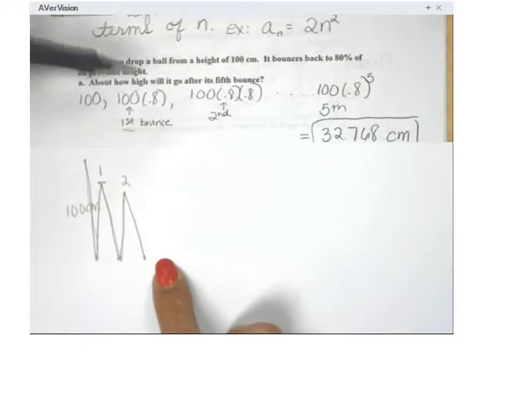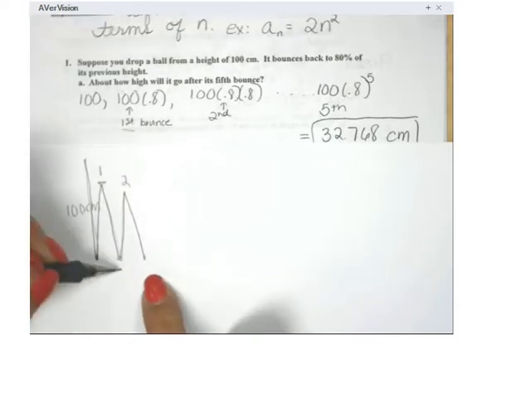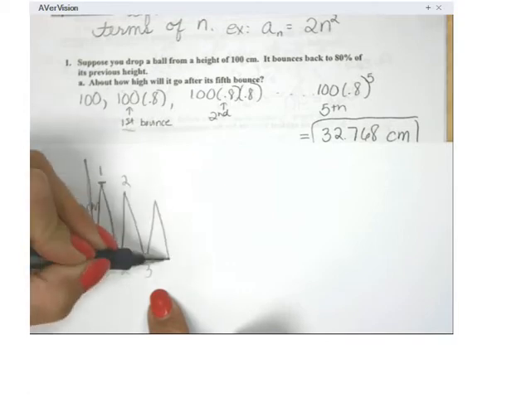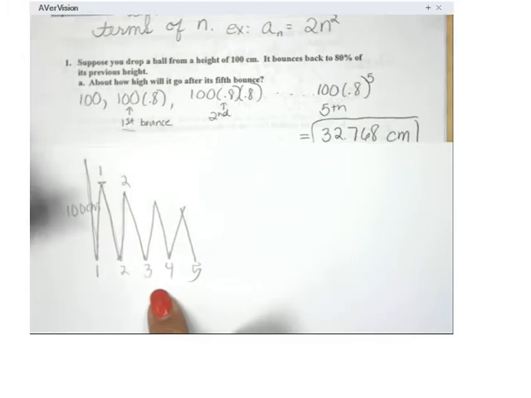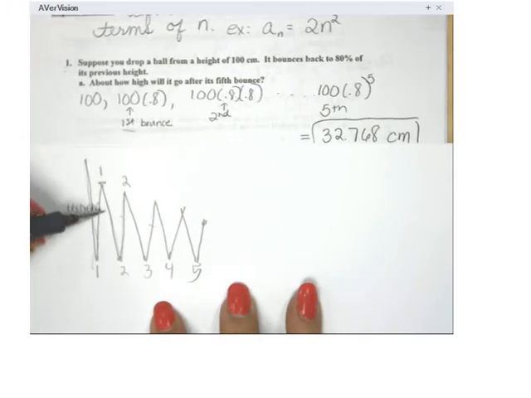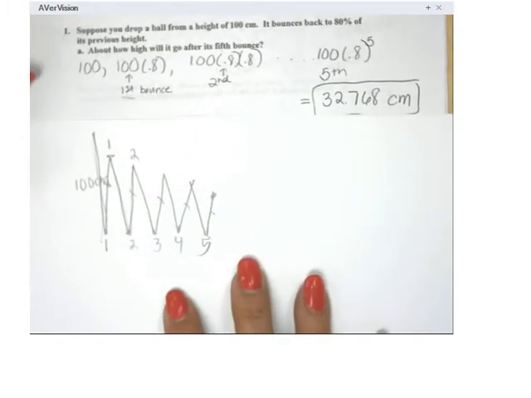And so here is after one bounce, two bounces, three bounces, four bounces, my 100 would get multiplied by 0.8, 1, 2, 3, 4, 5 times. And so it would have come back up to this height. So 5 times it would have gotten multiplied by that 80%.